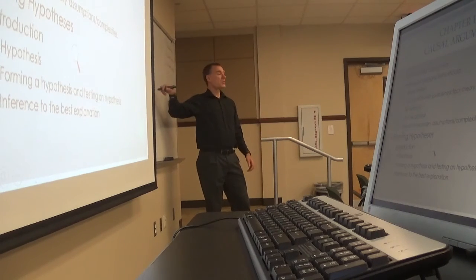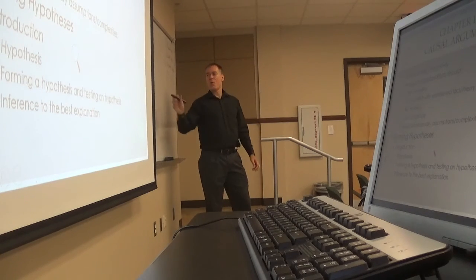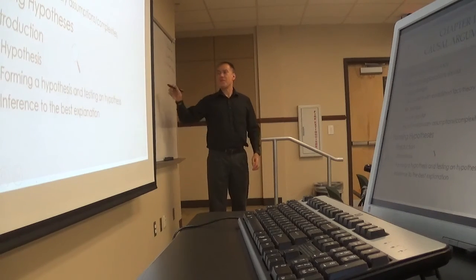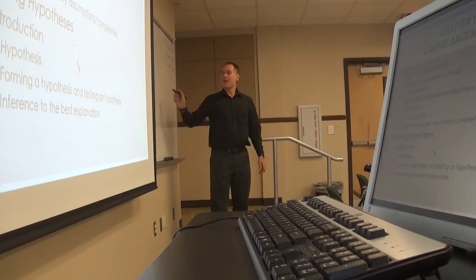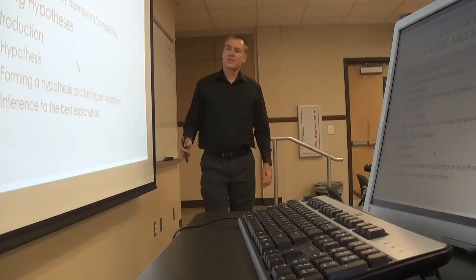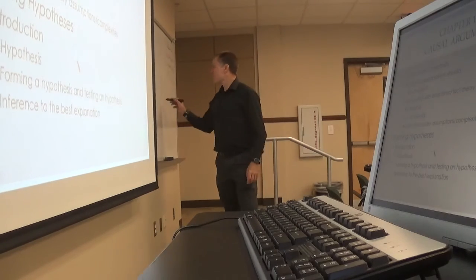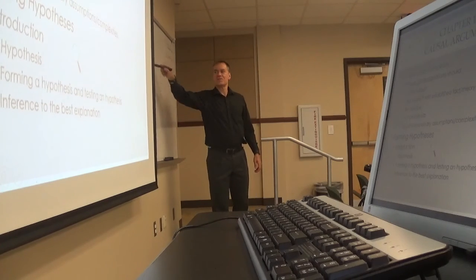Maybe your sales are skyrocketing, or your views on YouTube and Instagram are shooting up, or you're doing great on the test, or you feel great, and you want to keep that going. So you've got a situation you either want to solve or continue. Then you think up the possible explanations, come up with these hypotheses. Then you make this inference: which one of these best explains what's occurring?